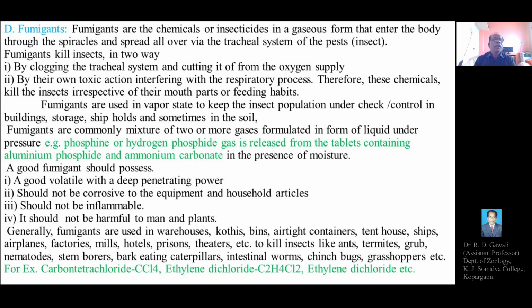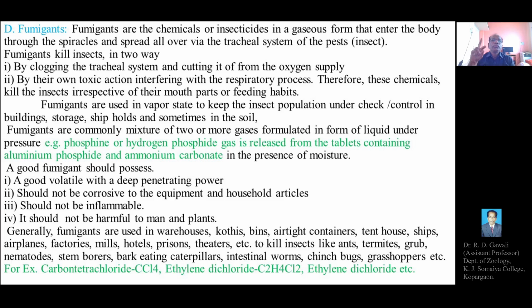Secondly, the fumigants or their vapors can lead to their toxic action by interfering with the respiratory process, and therefore these chemicals kill the insect irrespective of its mouth parts or feeding habits.